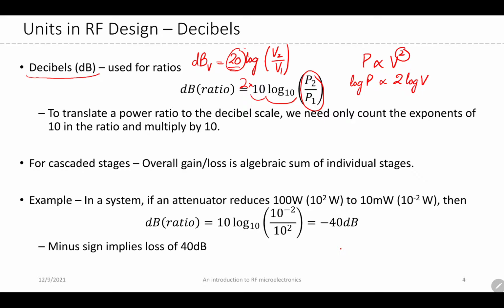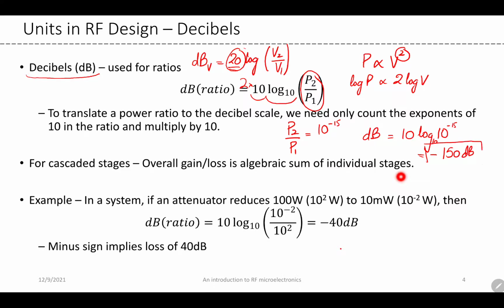Now this helps us reduce the ratios into simple numbers. For example, if you have a power ratio of P2 by P1, as in the previous case we mentioned was 10 to the power minus 15, then in dBs that number would be 10 log of 10 to the power minus 15 to the base 10, that is minus 150 dB.